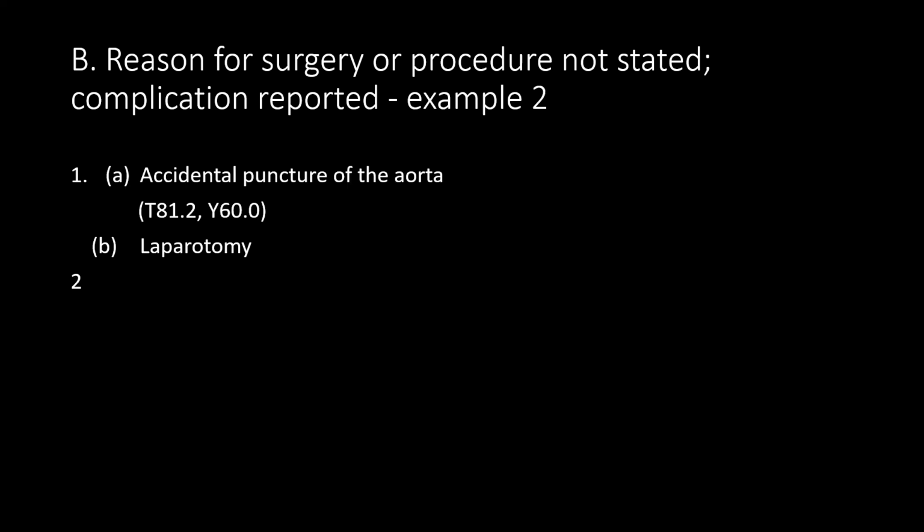Here is an example on part B of 4.2.9. 1A, accidental puncture of the aorta. 1B, laparotomy. And in part 2, no condition is reported. Before I proceed, let me explain the medical terms included in this death certificate.